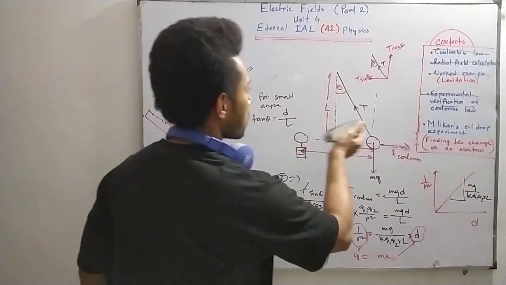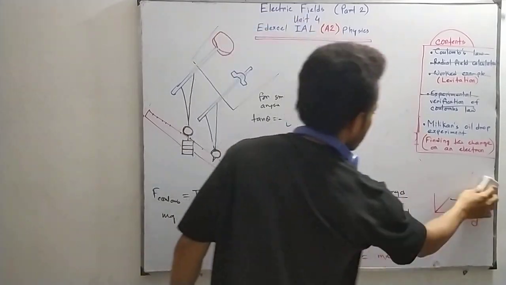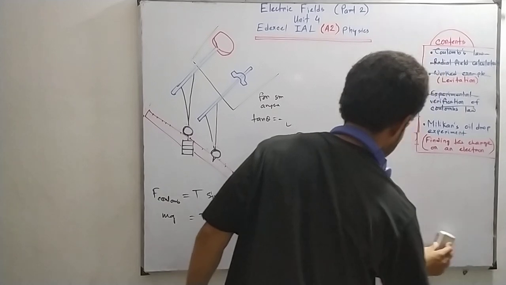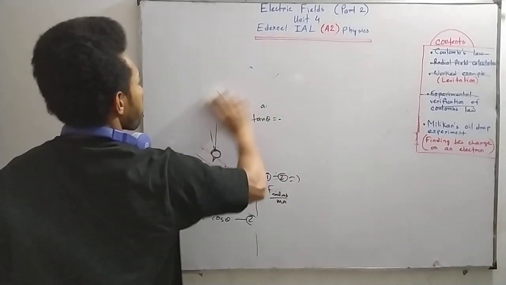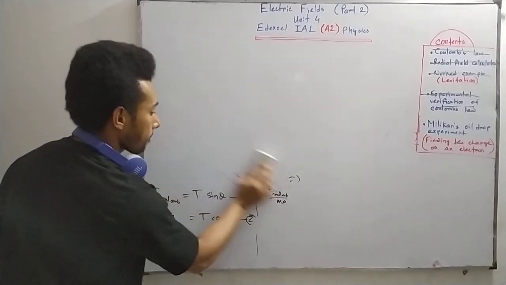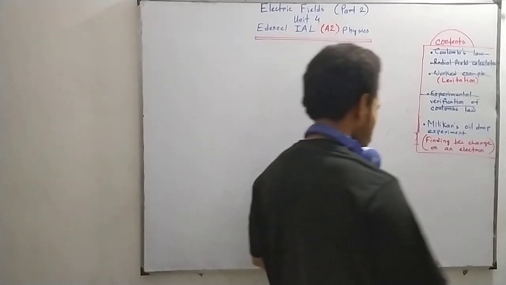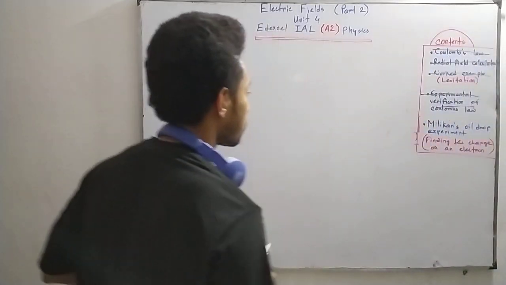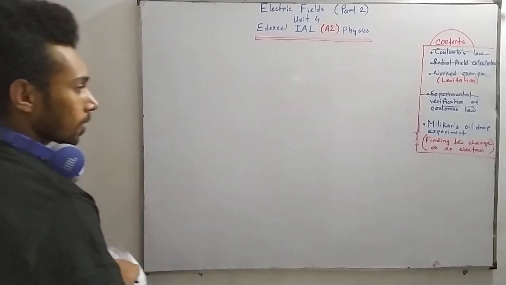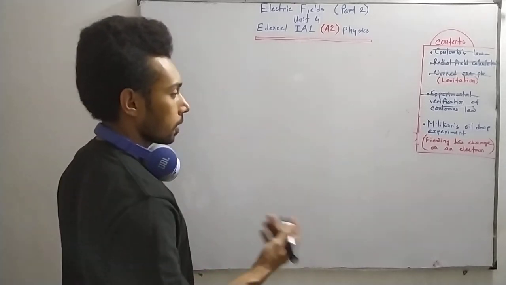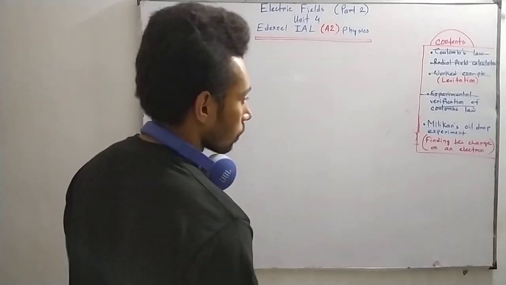Now the last part of the chapter, Millikan's oil drop experiment. Before understanding it, I have to draw the diagram required.